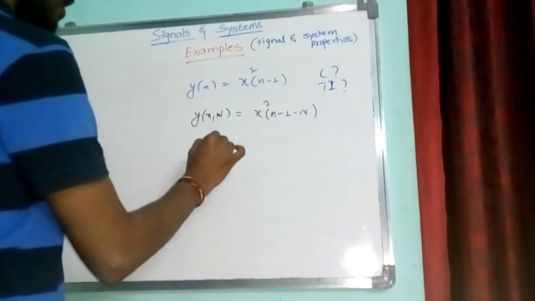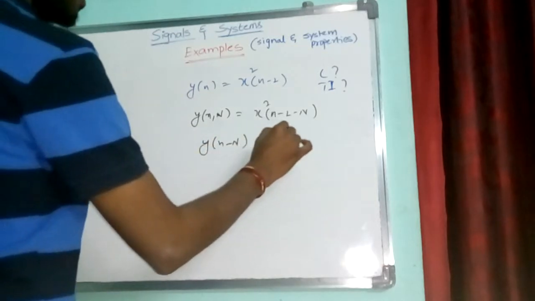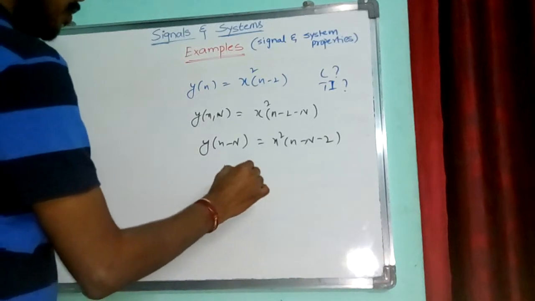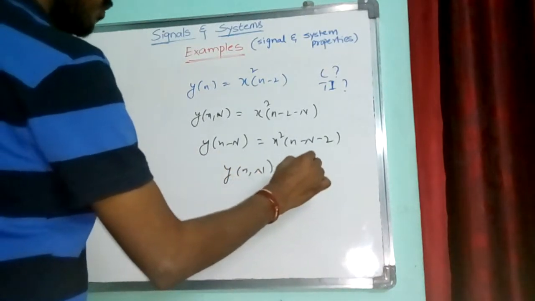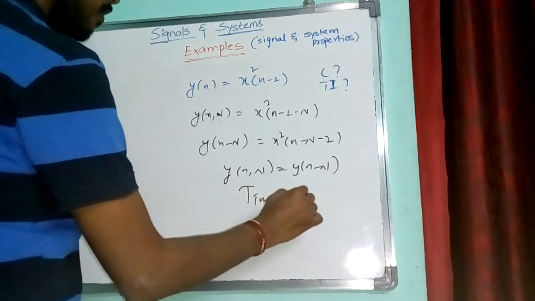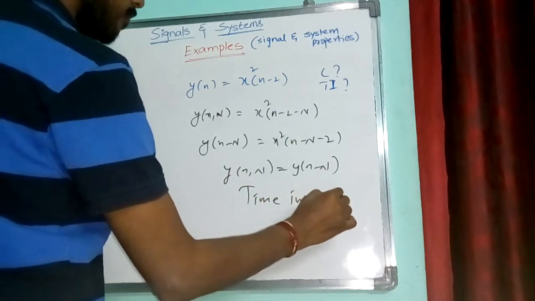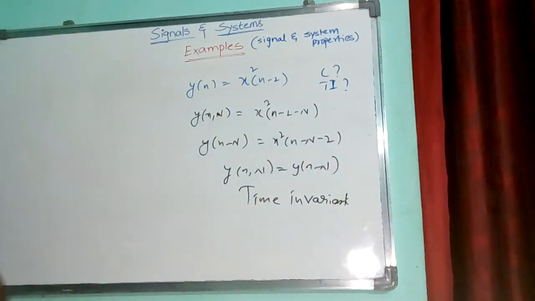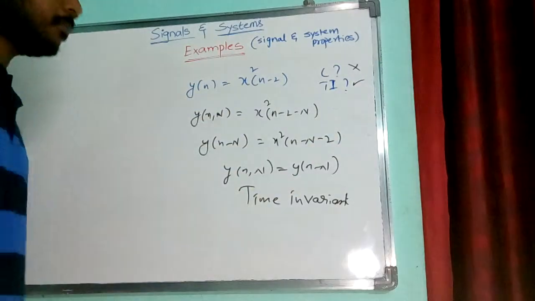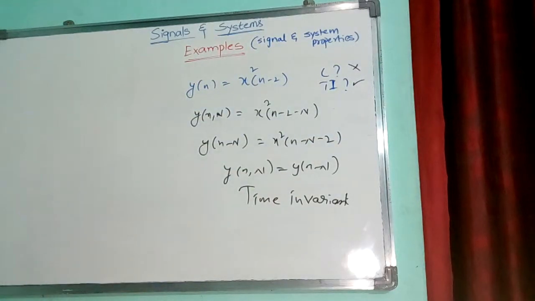I'll change at the input side, then it is x square of n minus 2 minus n. So y of n comma n is equal to y of n minus n. That means it is a time invariant system. It is not a linear system, but a time invariant system.